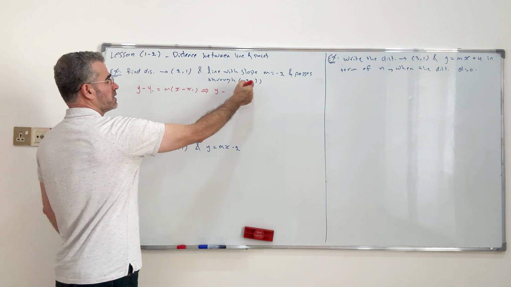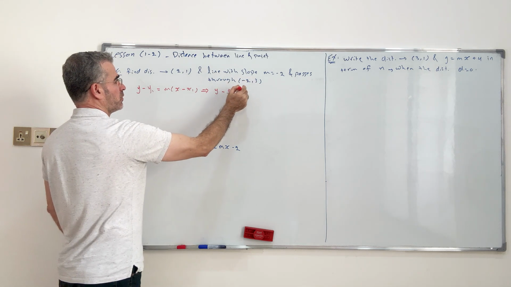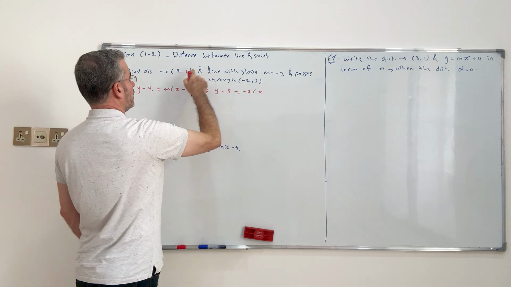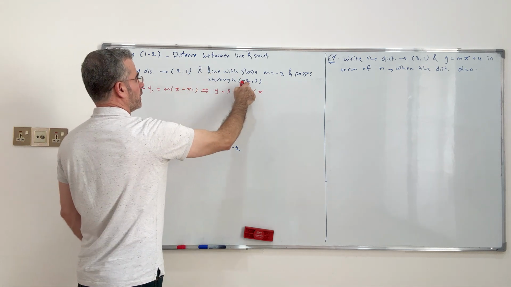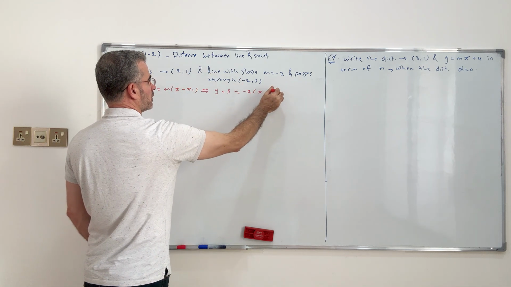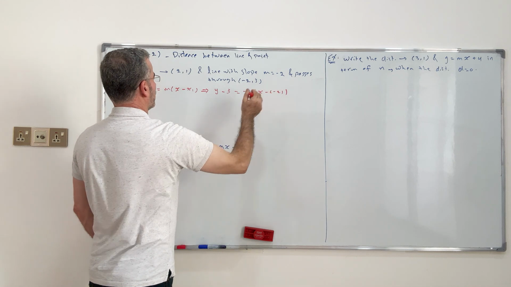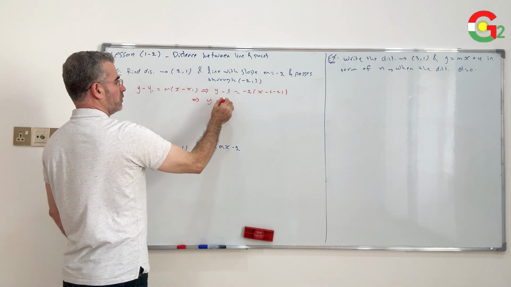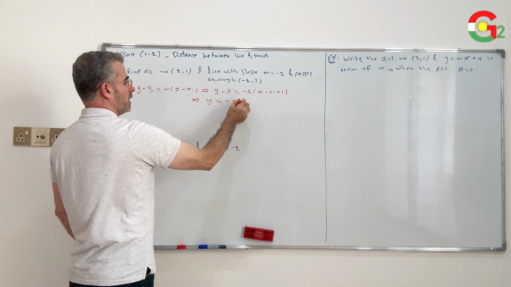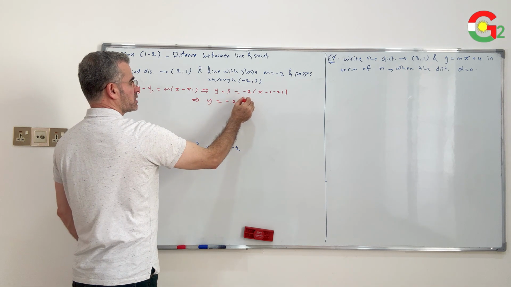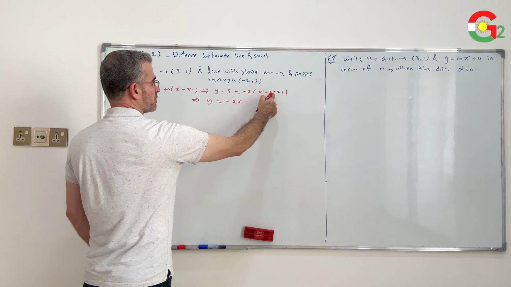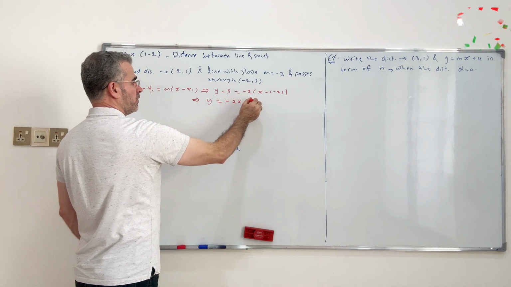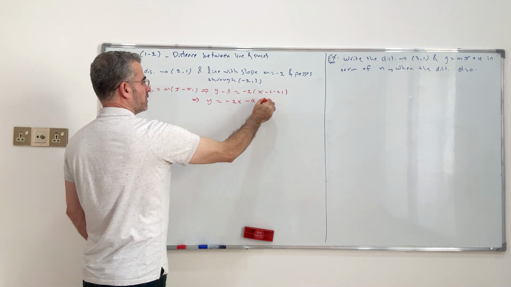Then y minus y1, 3, equal to the slope, -2, x minus x1, -2, -2. Then the equation is y equal to -2x plus, minus times minus plus, 2 times -2, -4 plus 3.